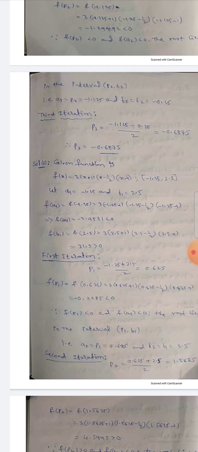Since f of p1 less than 0 and f of a1 less than 0, the root lies in the interval p1 comma b1. That is a2 is equal to p1 is equal to 0.625 and b2 is equal to b1 is equal to 2.5.